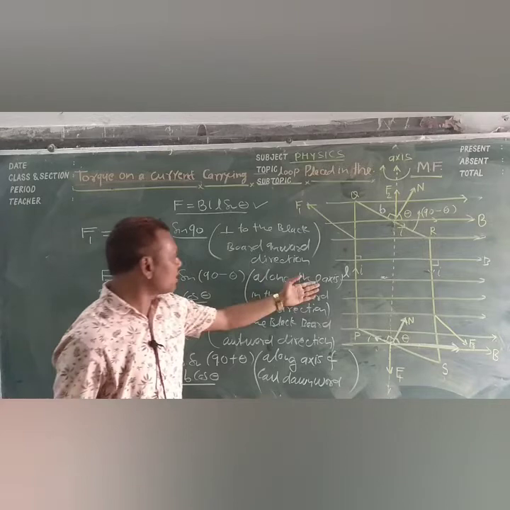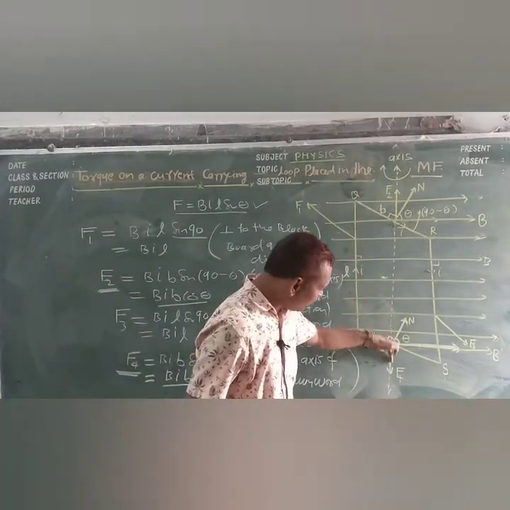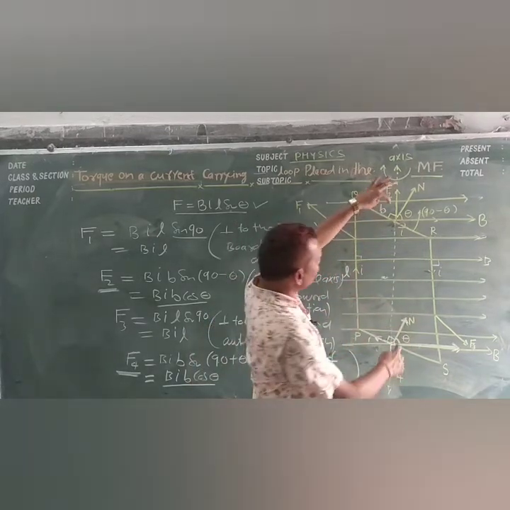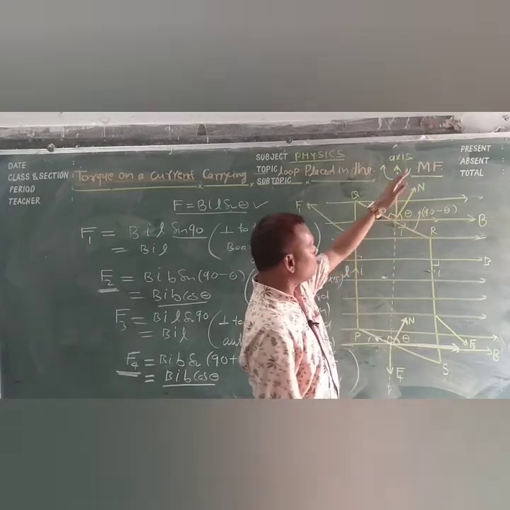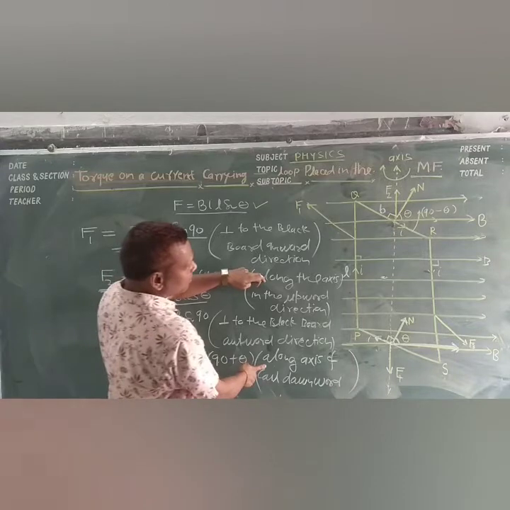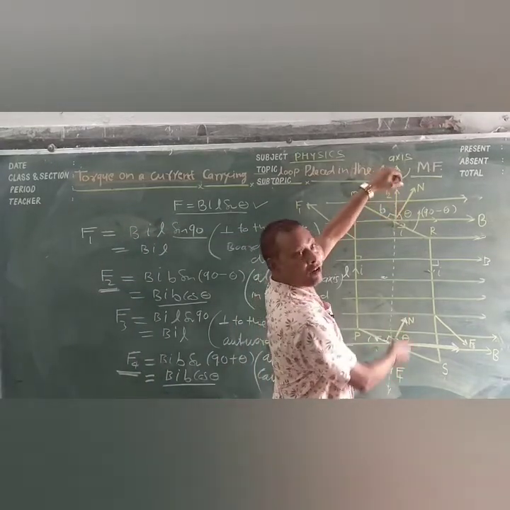F2 acts along the axis in the upward direction and F4 along the axis in the downward direction. So these two forces F2, F4 are equal, opposite and collinear, so they cancel out each other.